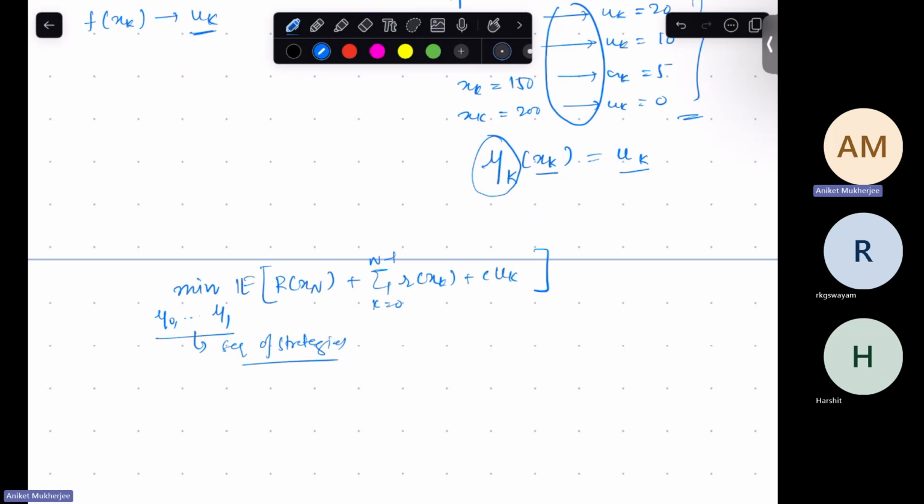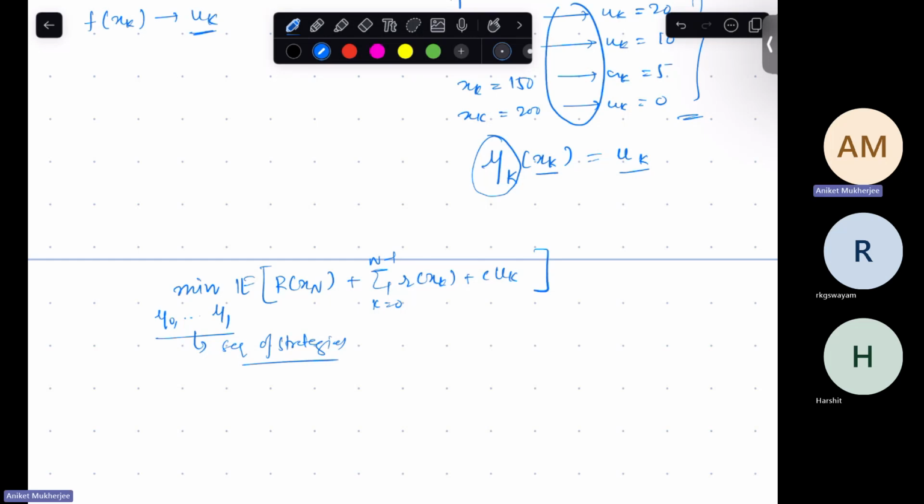And why do we need to go from this vector to a functional dimension is because of the randomness that you have. Because of the randomness, you can end up in any state with at least some probability. And depending on that, you have to decide that, okay, if I end up at this state, then I'll take this action. If I end up at this state, then I'll take this action. That function tells you that.